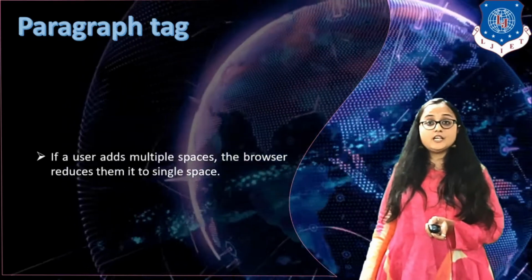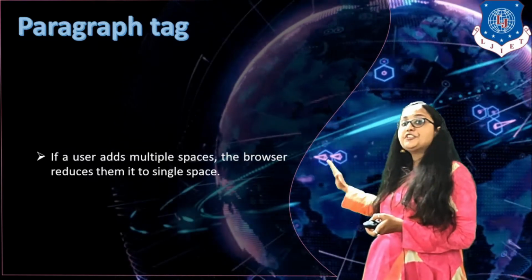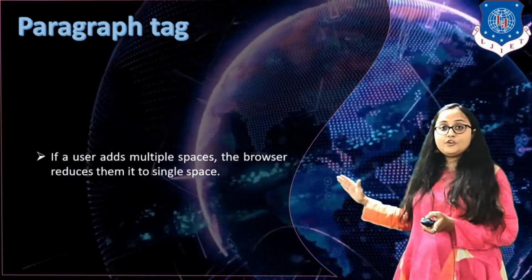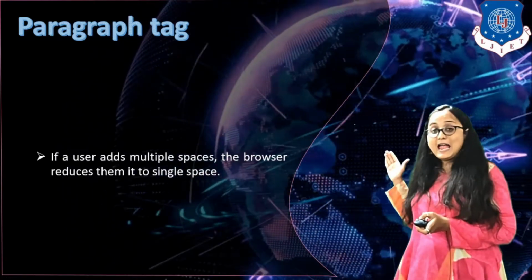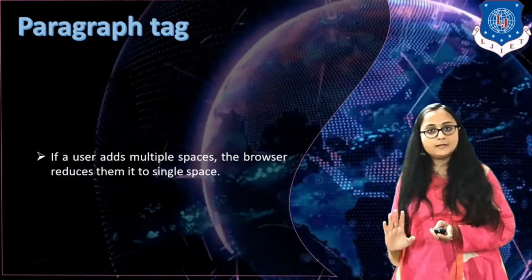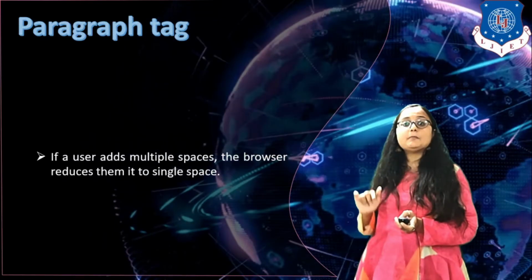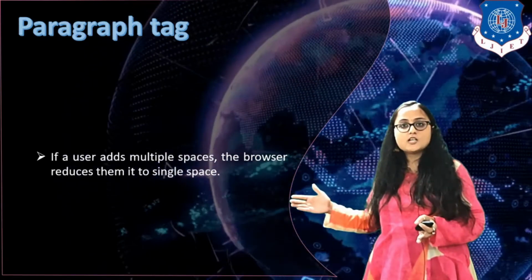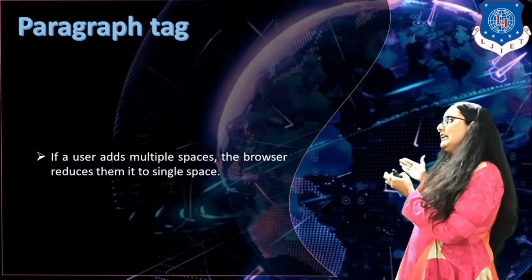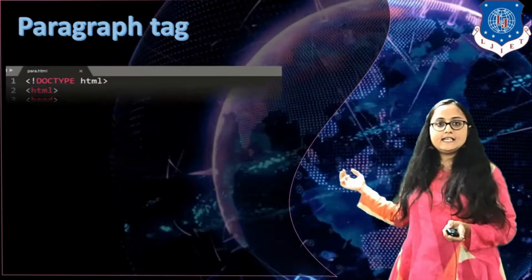The next thing is similar to lines, if you are adding space between the words. By default, whatever space you add between the words will be reduced to a single space only. So if you press the space bar multiple times between two words, the browser will still treat that multiple space as a single space. Let us see an example.